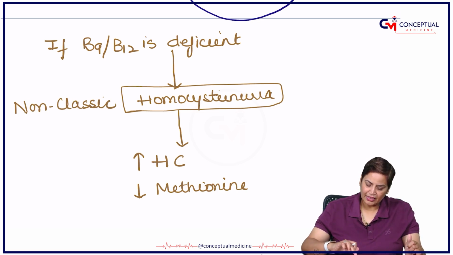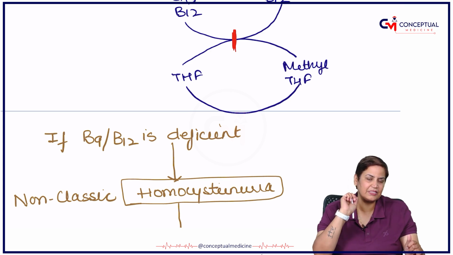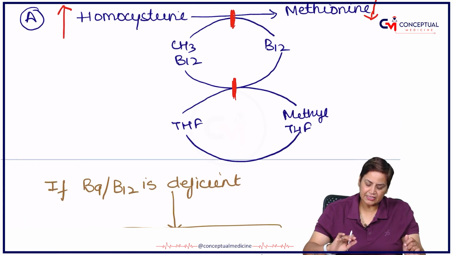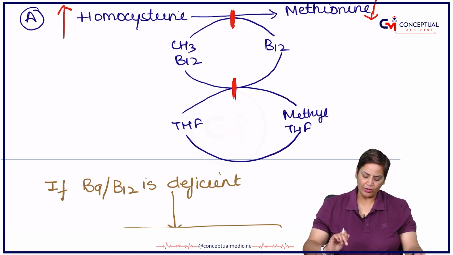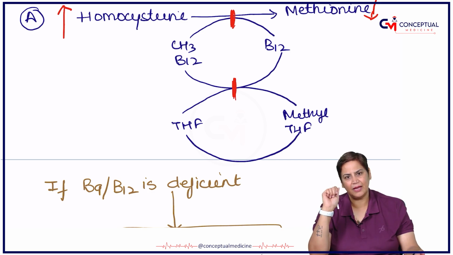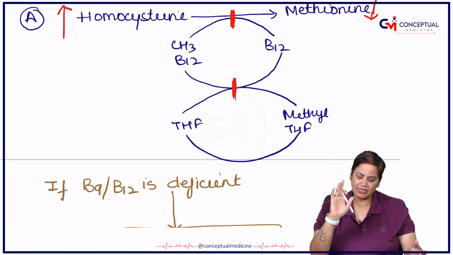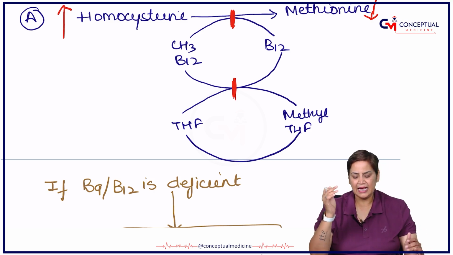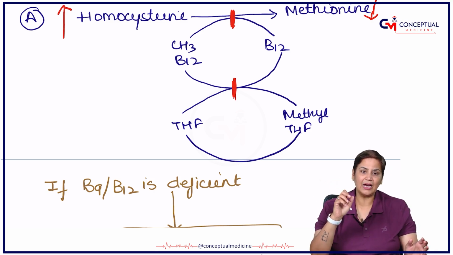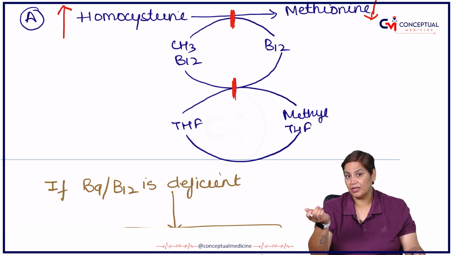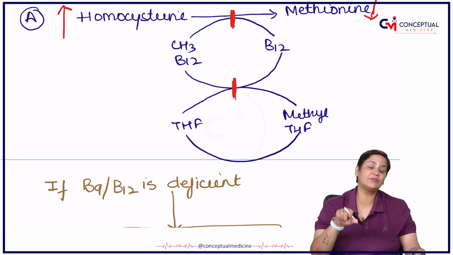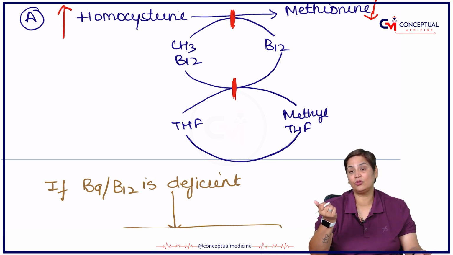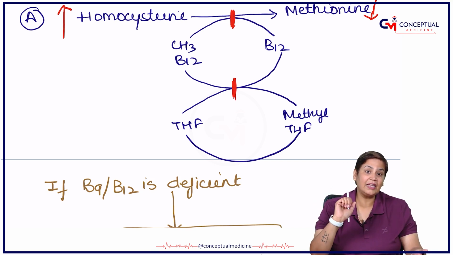Right. Now if we look at this reaction, there are again two aspects which will come. First I'll just explain it. Now see, two vitamins are playing a major role in this, and they are both the hematopoietic vitamins. So now if we say in general, whether B9 is absent, whether B12 is absent, it will always give rise to increased concentration of homocysteine and decreased concentration of methionine. But how are we going to differentiate a patient suffering from non-classic homocystinuria, and we need to know whether it is due to B9 deficiency or B12 deficiency, because both are linked together.